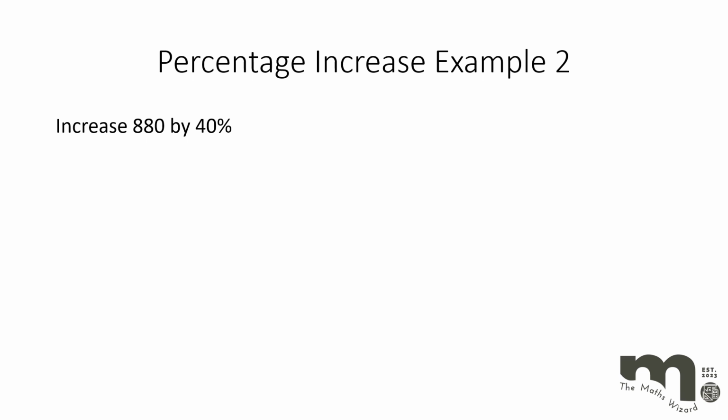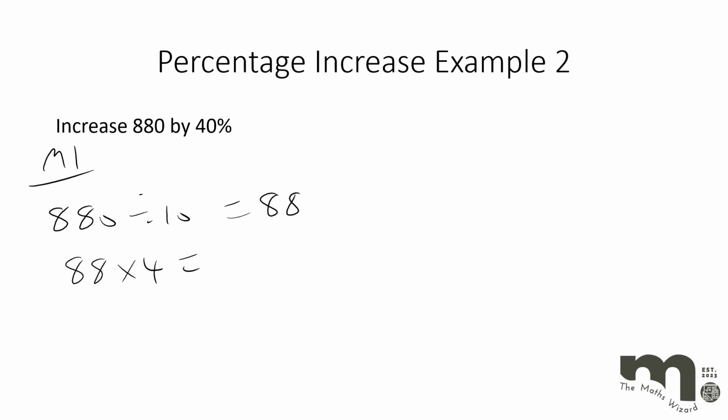Next example. It says increase 880 by 40%. We can do it the first way that I showed you. If we look at method 1, we can do 10%, which is 88, and then 88 times 4 is 352.